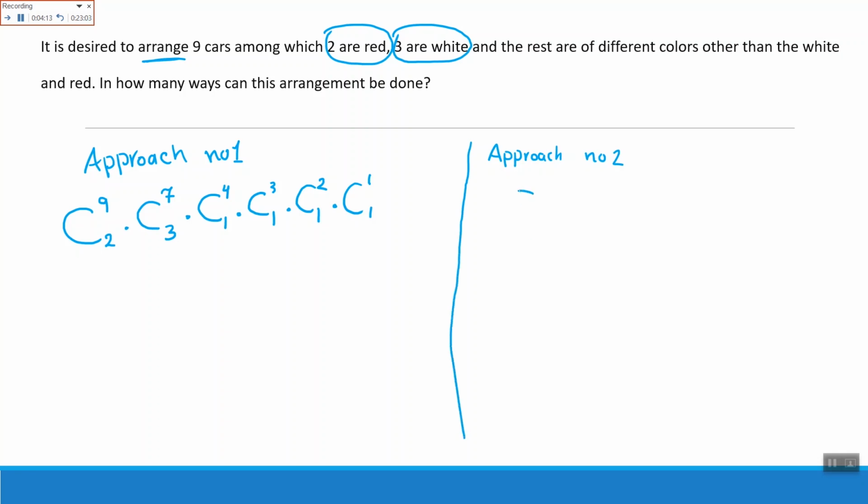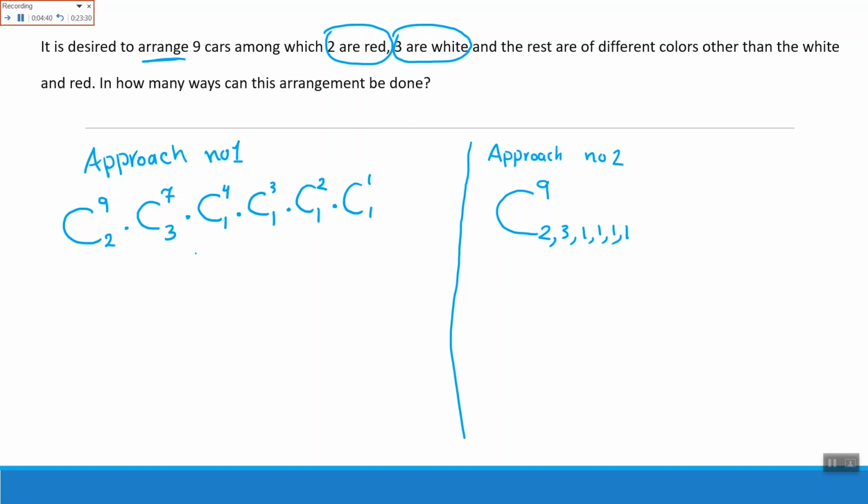Approach number 2. You can do this special combination. You can write that this is a combination of 9, and then you write here 2, 3, 1, 1, 1, 1. We know how to evaluate the first one, but we don't know how to evaluate the second one. Let's see how we evaluate each one of them and if we get the same answer.